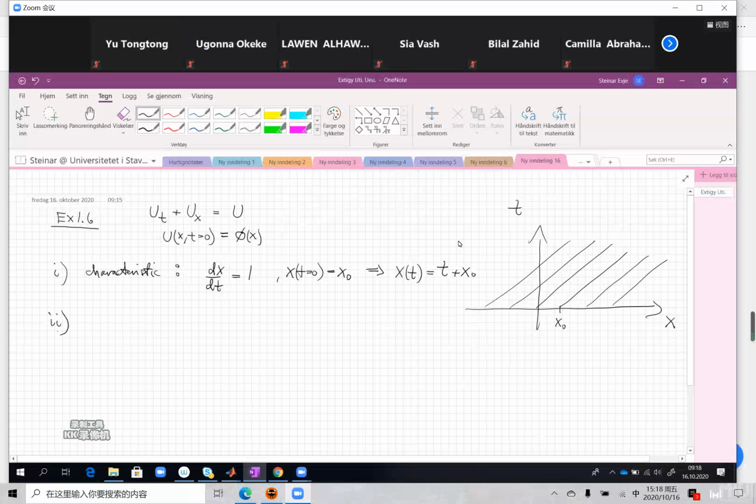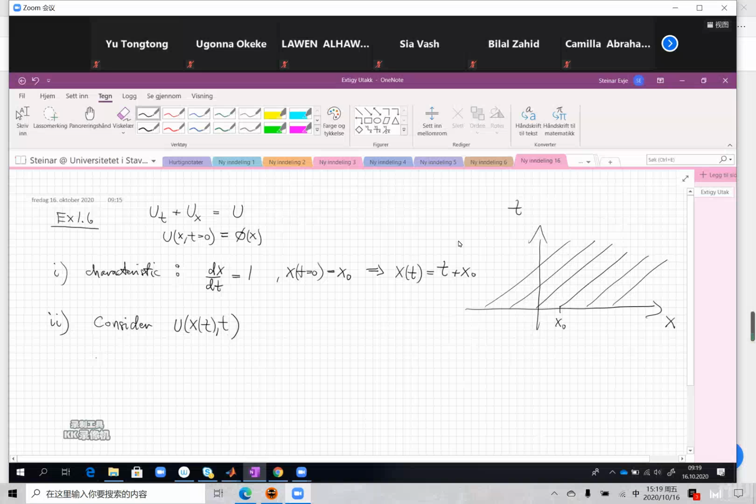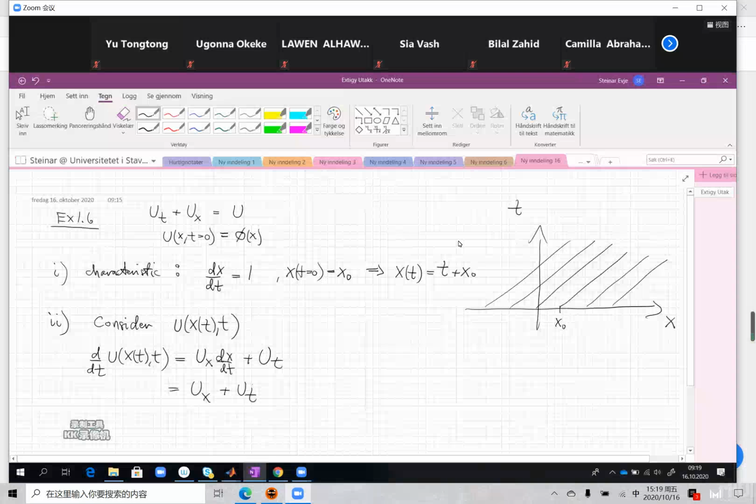Next, let's consider what happens along the characteristic. More precisely, we take the time derivative of u(x(t), t). And since we have done this several times now, we see that we produce the equation itself, u_x + u_t.